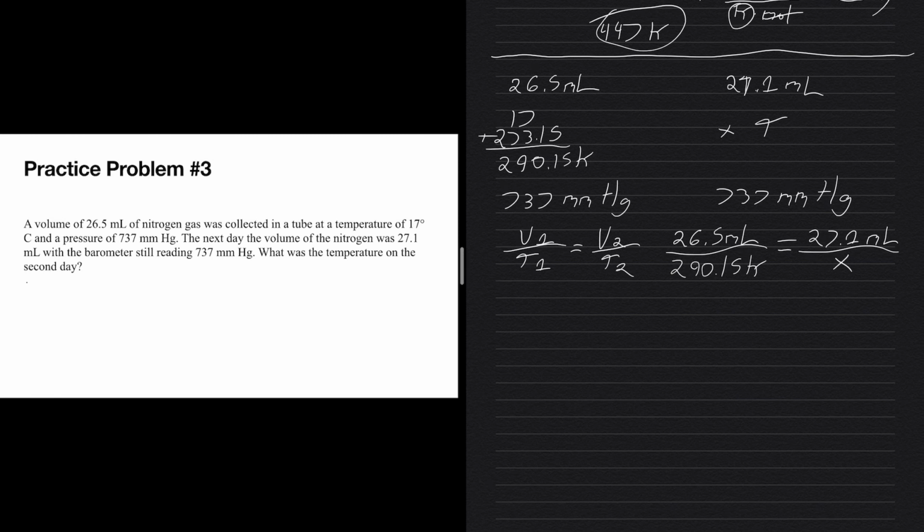And you should get 296.719434. And so you can just round that to 296.72. And that again is going to be in Kelvin. And that is how you solve this equation.